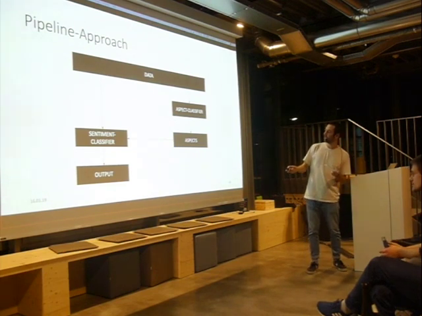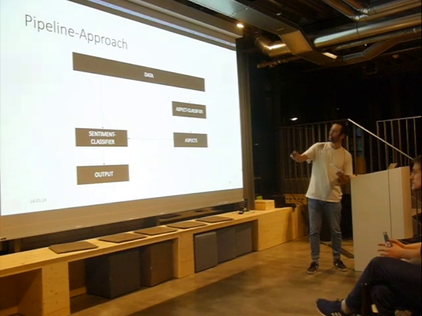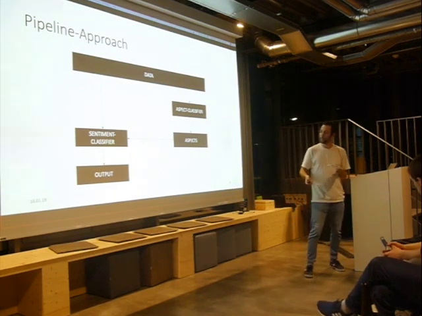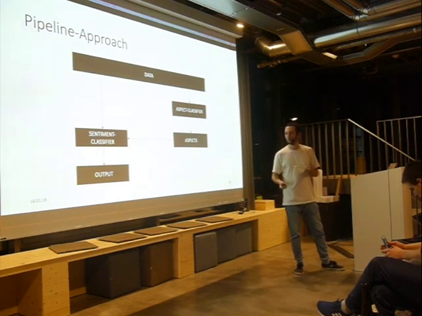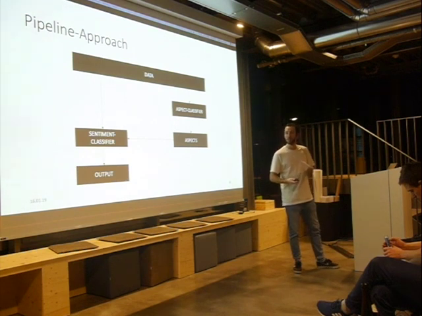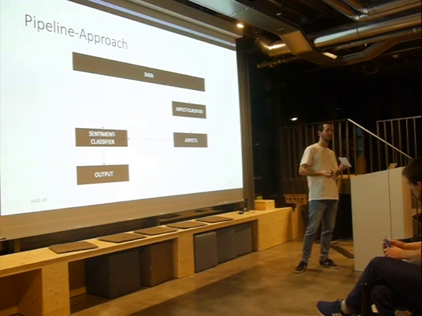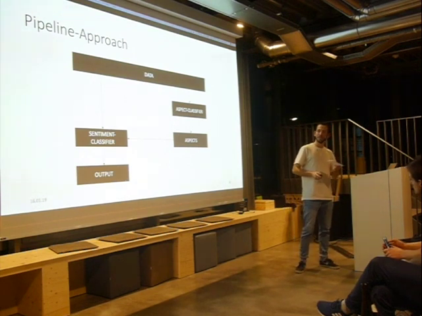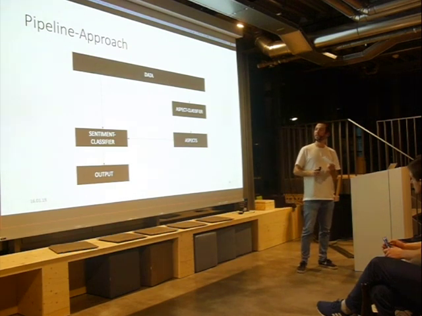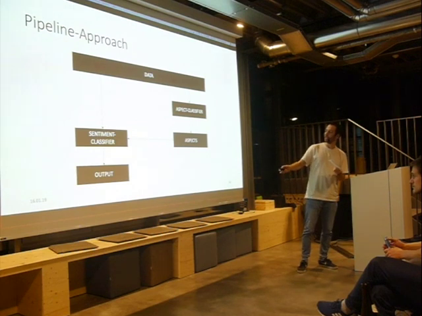Afterwards, we use this result and our initial data and the sentiment classifier to compute the output. In this case, we have to use the text on each aspect we identified here on its own.